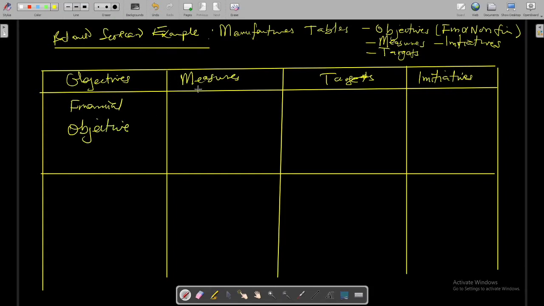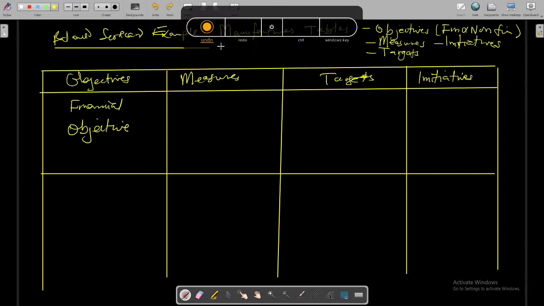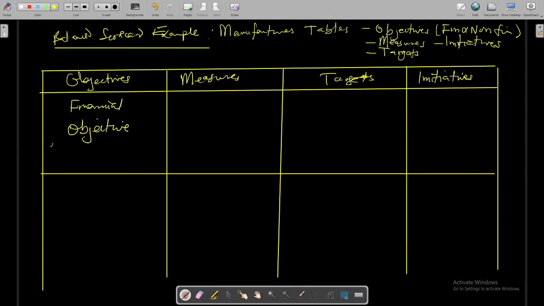Now, in order to achieve our financial objectives, I did state that for financial objectives, shareholders are interested in profitability, growth, and shareholders value. So what measures can we set that will help us achieve the profitability, the growth, and the shareholders wealth?